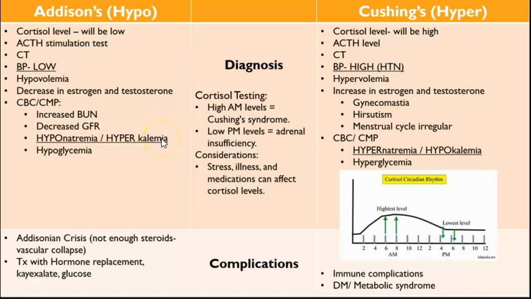So hyperkalemia. What kind of diet do you think this patient, I always kind of correlate what their diet looks like to kind of help me with what their electrolytes look like. So your Addison's disease, they do not have fluids, they do not have salt, they do not have sugar. So could we give them a fast food meal? Probably.